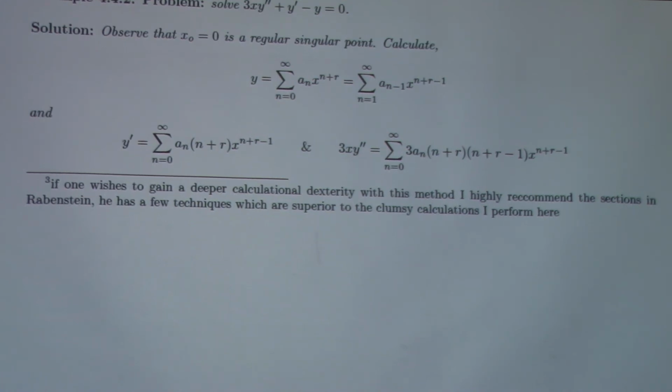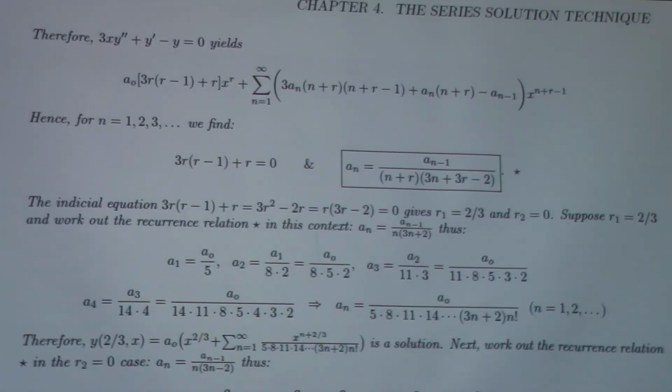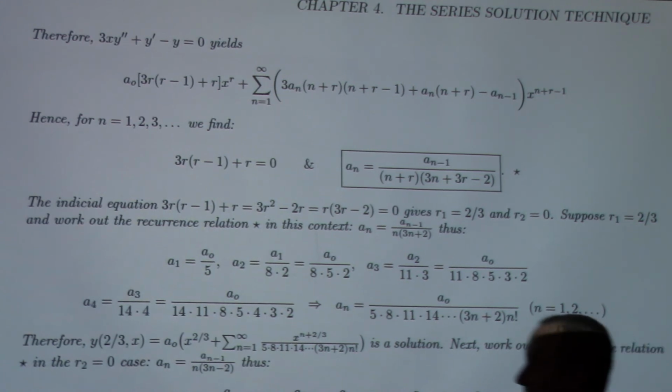Now, of course, I suppose you could use the boxed equation for the second linearly independent solution to find the second solution from the first if you wanted to. Ugh. We might do that, I don't know.